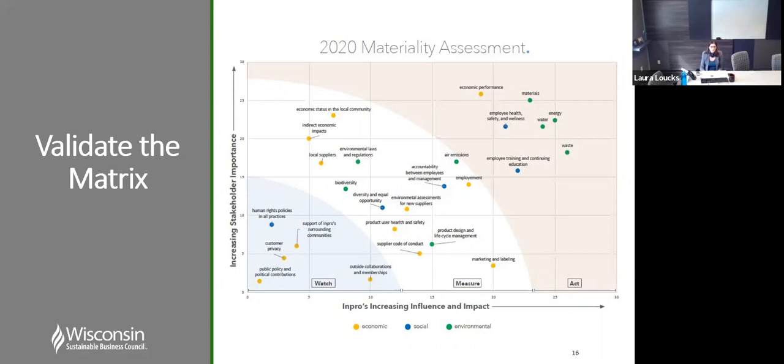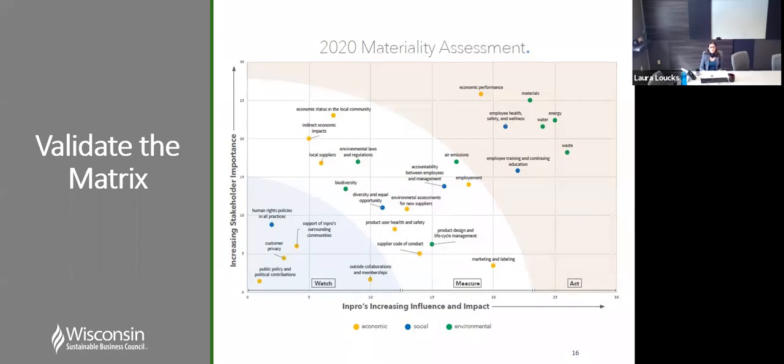And the watch, measure, and act categories were designated as natural breaks in the data. There's no real scientific way that we moved those apart. It was just natural breaks that we found. The act category in the top right are the things that Inpro is going to be working on and including in goals and strategies for the next couple of years.